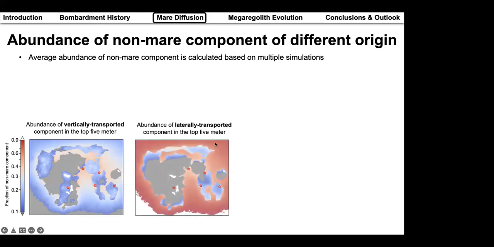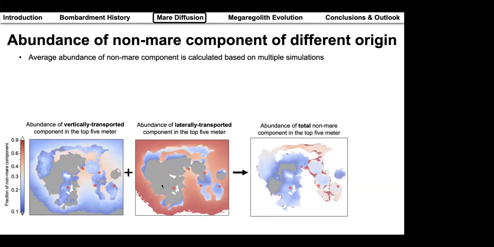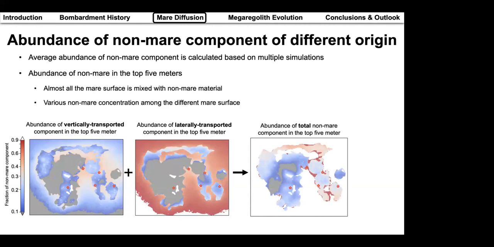This plot shows the non-Mare materials that come from the surrounding highland regions, called the laterally transported non-Mare materials. You can see these non-Mare materials are mainly distributed over the Mare-highland boundary. If we sum up both components, what can we get? We get the non-Mare components on the present day over the Mare regions.